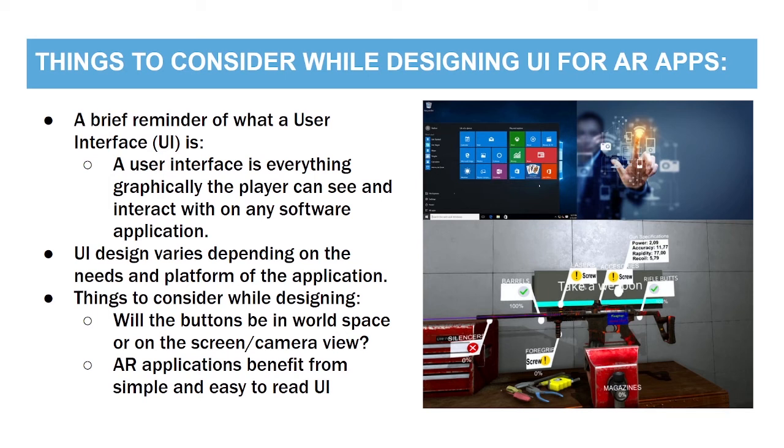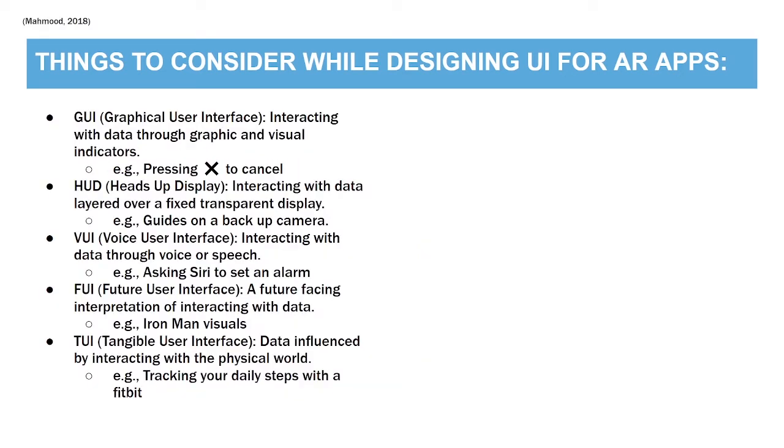AR applications typically benefit from simple and easy to read UI because it's going to be on such a small screen. Here are some of the different examples of user interface. GUI is interacting with data through graphic and visual indicators. For example, pressing an X to cancel something. Here's some examples of what that looks like.